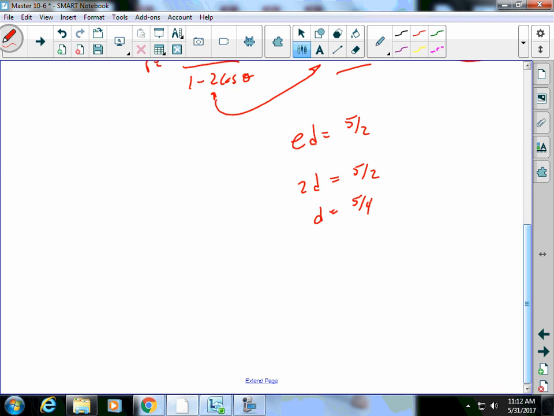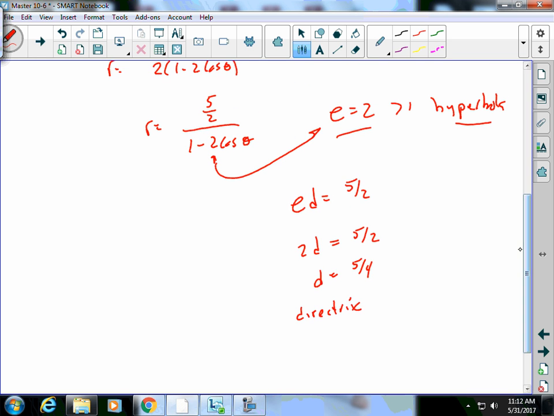So the equation, right, because I divided through by 2, the equation for my directrix is X, because I have cosine, is equal to minus 5 fourths, because there's a minus here. And again, it's an equation, so I have to say X equals or Y equals.